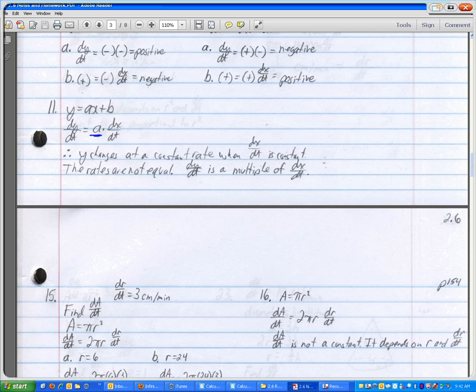I plead temporary insanity. I forgot for a moment that x is changing with respect to time. So since I now remember x is changing with respect to time, I've got to treat it as a function. Okay? So constant multiple rule. The derivative of ax will be a times whatever the derivative of x is.